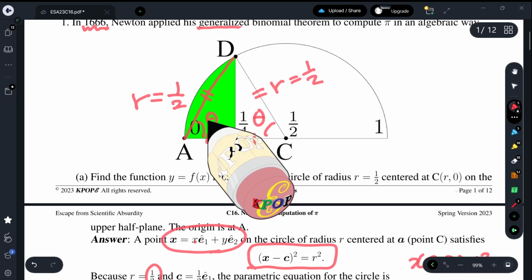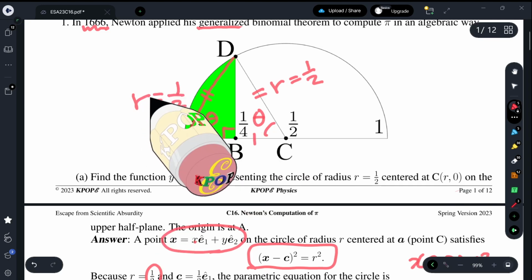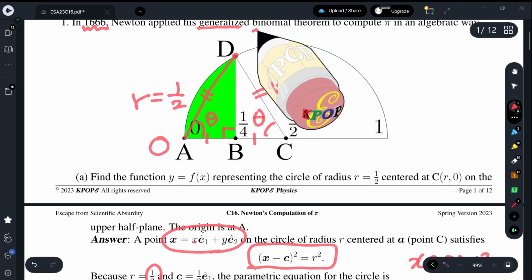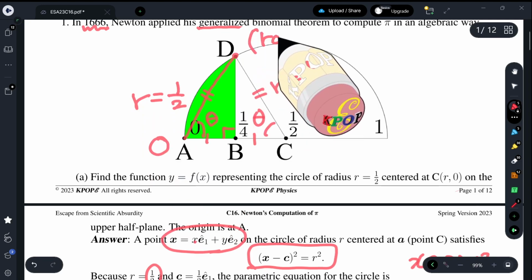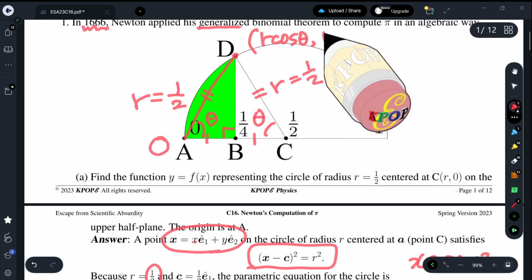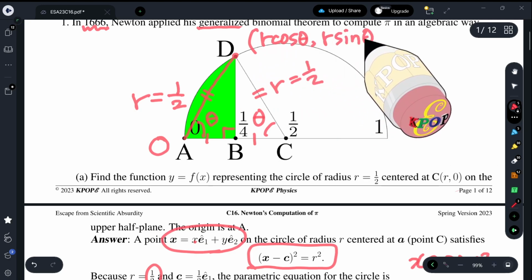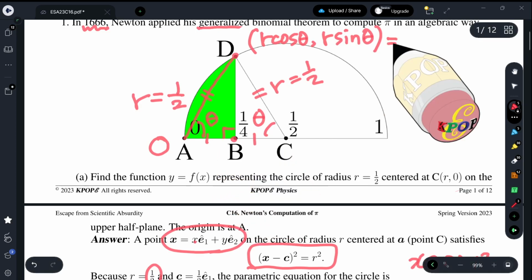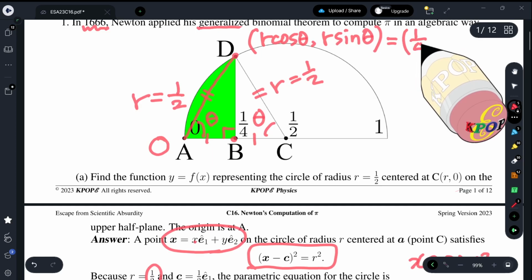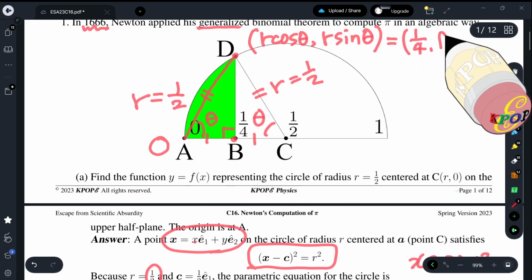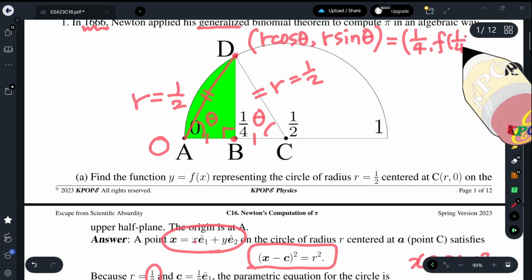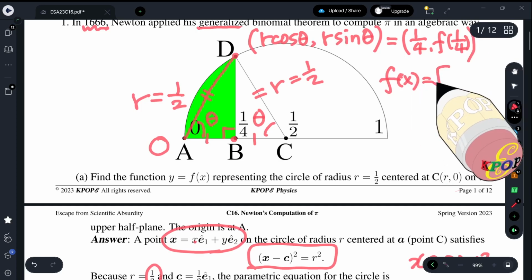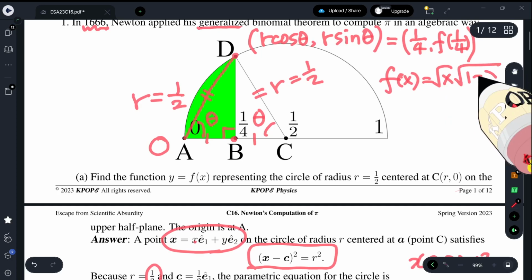Therefore, this is theta over 2, and because this is the radius and this is the origin, the coordinate of D is r cosine theta and r sine theta. In addition, the coordinate x is 1/4, and then this is f of 1/4. But f of x equals the square root of x times the square root of 1 minus x.